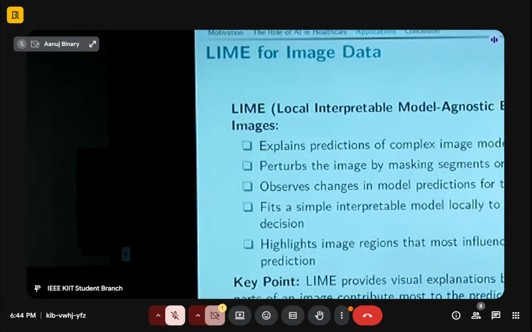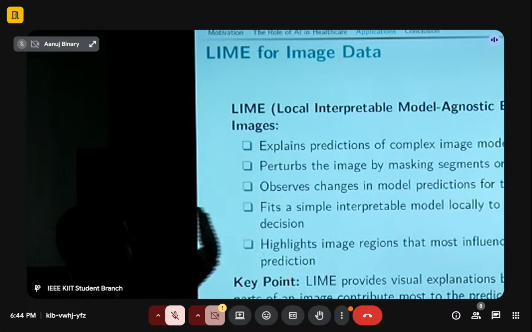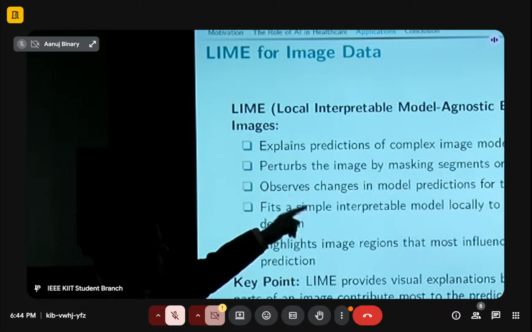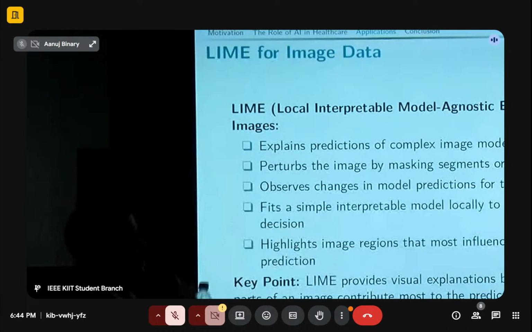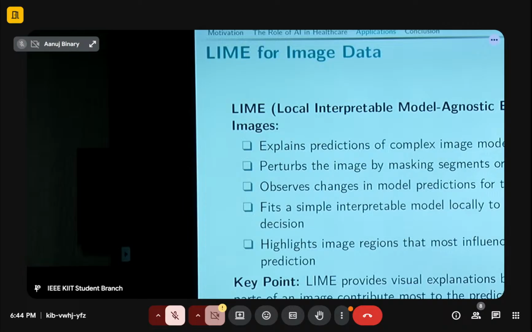Now you can see LIME for image data. We have talked about the text data; now we will talk about the image data and how explainable AI behaves here. LIME explains predictions of complex image models like a CNN model. It perturbs the image by masking segments and superpixels. As you know, images consist of different pixels, so we perturb the image, like changing the different angles.